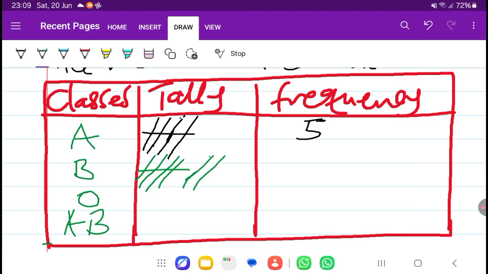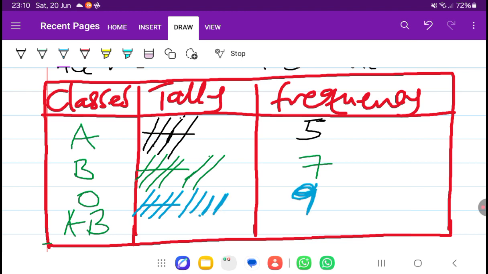These are 2, these are 5, those are 7. You put a 7. Then you go to blood group O. Blood group O, there were 9. So you can also cross. You put the tallies 1, 2, 3, 4, 5, 6, 7, 8, 9, because there were 9. Then AB, the last one, there were only 4. 1, 2, 3, 4. You put a 4.